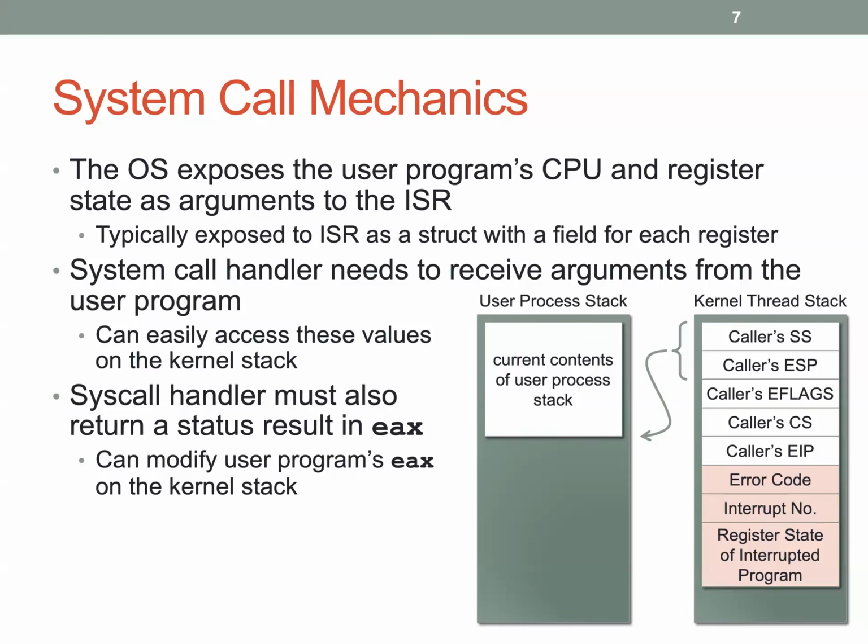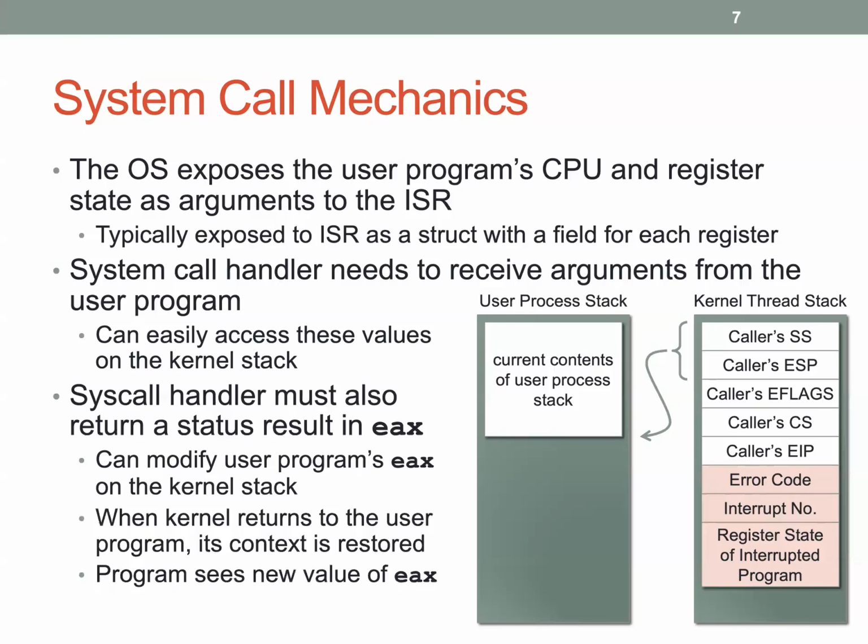And then when that thread switcher runs and we restore all of this machine context and switch back to the user program, the program will observe its EAX set to whatever the kernel said it should be. So this is a really clever mechanism, and I just think it's really powerful and really neat that we have this way of telling the user program what happened via the register state using this mechanism. Okay, so I already talked about that.